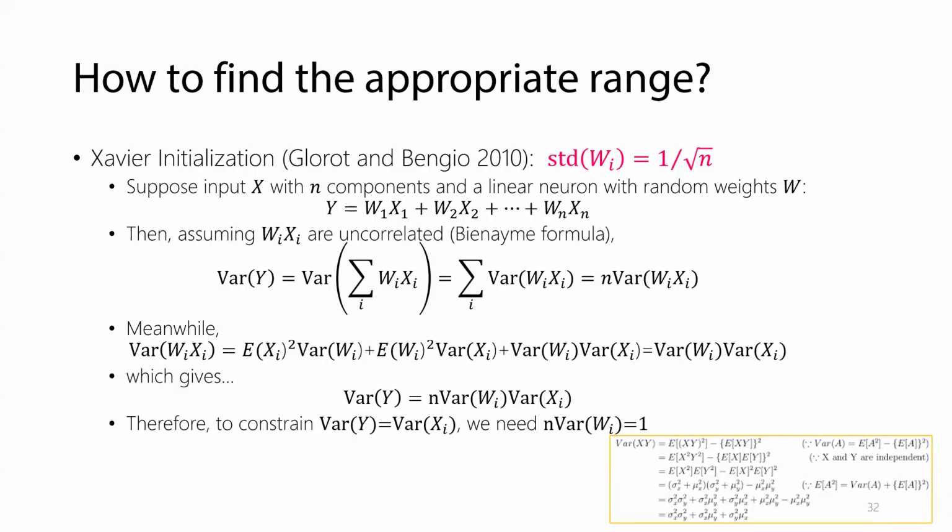And we want this to be the same as variance of x. Putting everything together, you get the conclusion that the variance of w should be 1 over n, or equivalently, the standard deviation of wi should be 1 over square root of n. So that's what Xavier Glorot and Yoshua Bengio came up with in 2010.